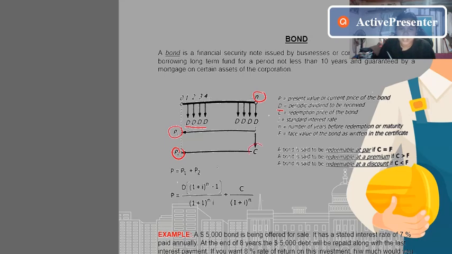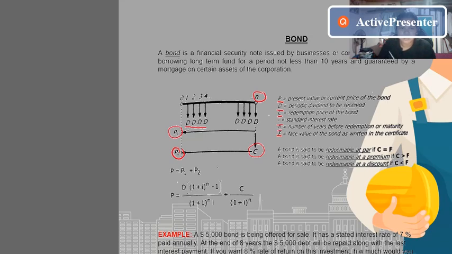And we have our C, where C is the redemption price of the bond. So, we all know that P is the present value or the current price of the bond, and I is the standard interest rate, and N is the number of years, and F is the face value of the bond as written in the certificate. So, the F of the bond is the face value.